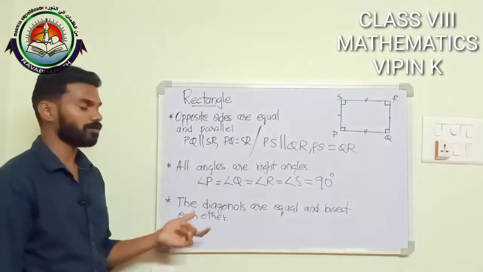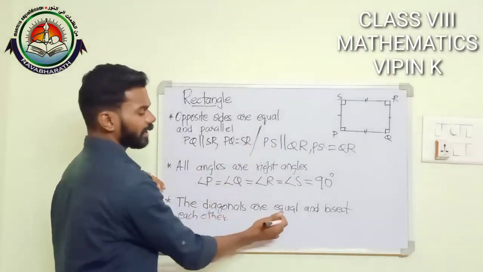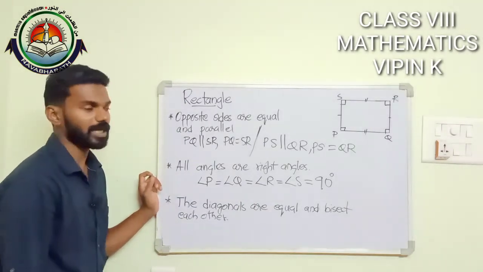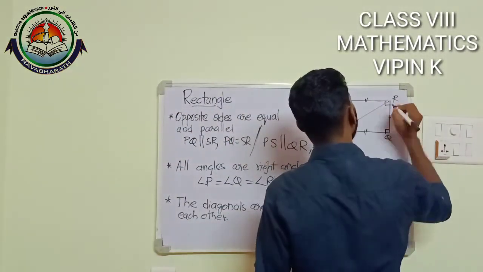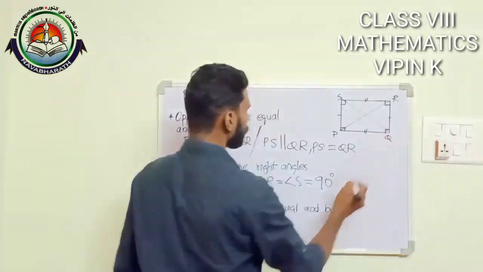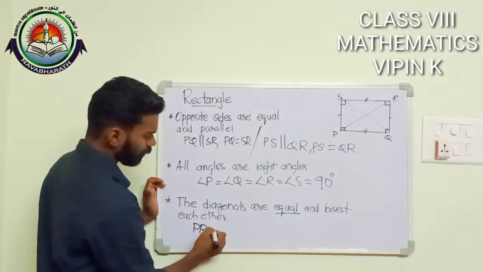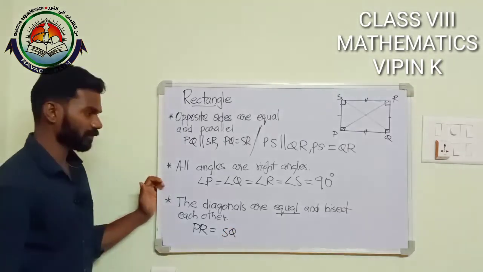Now the next important feature of a rectangle is that the diagonals are equal and bisect each other. Which are the diagonals of this rectangle? One is PR and the other is SQ. Both of them are equal, which means PR equals SQ. Clear?